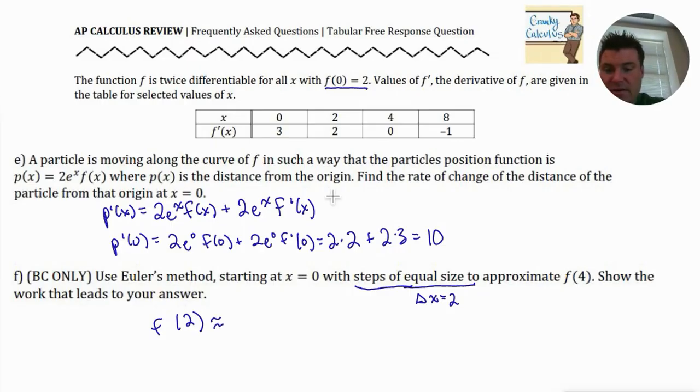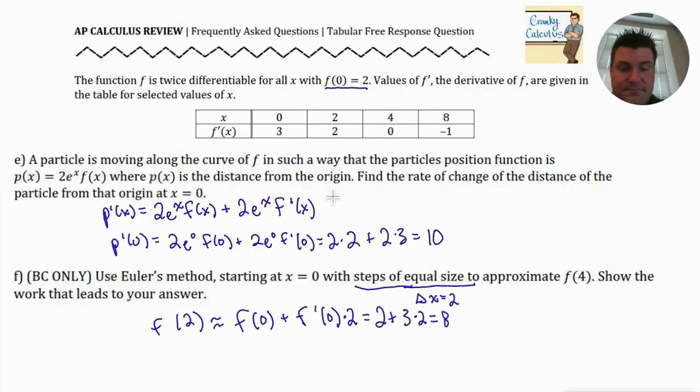I can do that by looking at the previous step, which is f of 0, plus the derivative of the previous step times the step size, which is 2. When I do that, f of 0 is 2, that was given to me, plus f prime is going to be 3 times 2. So f of 2 is approximately 8.